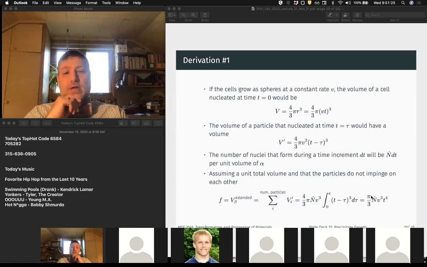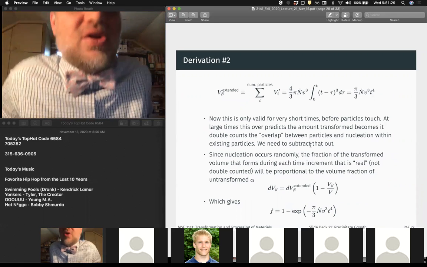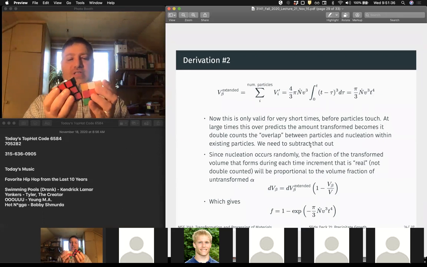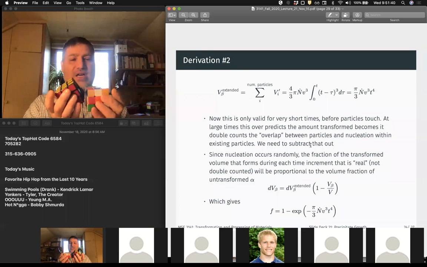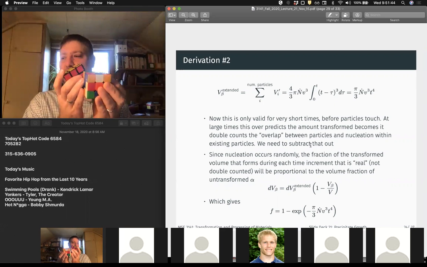As I said before, this is only valid for very short times. No particles can be touching, because once they touch, we have to adjust the growth rate of the touching particles. They can't grow over each other or overlap.